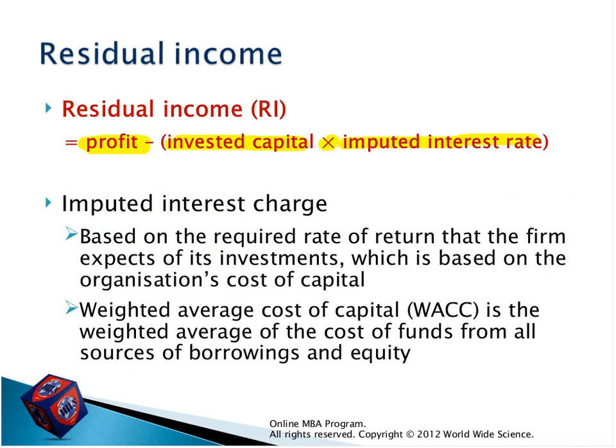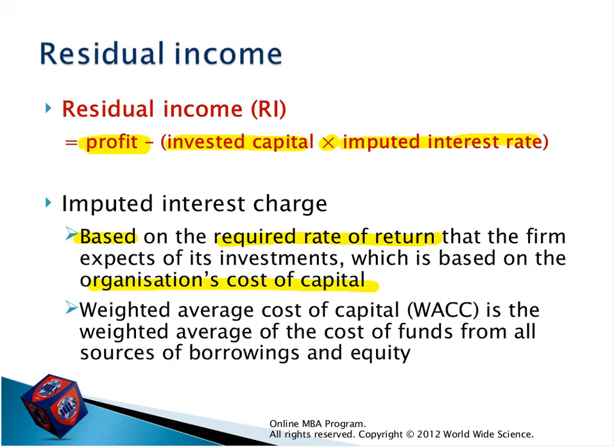What is the imputed interest rate? It's based on the required rate of return that the firm expects of its investment, which is as well based on the organization's cost of capital. This is the same as you remember we used in the net present value methods.